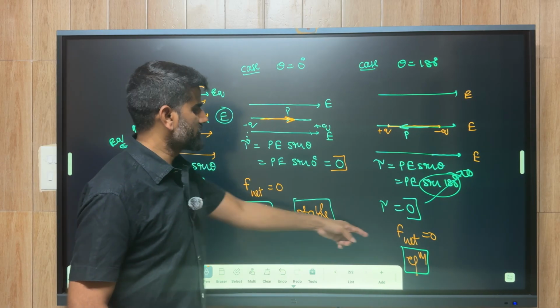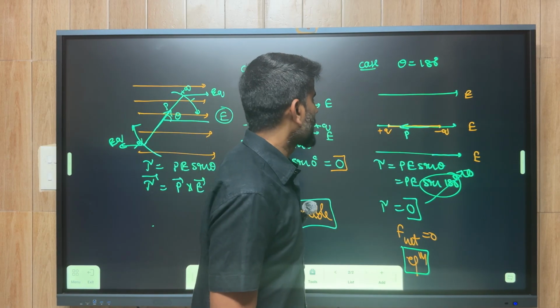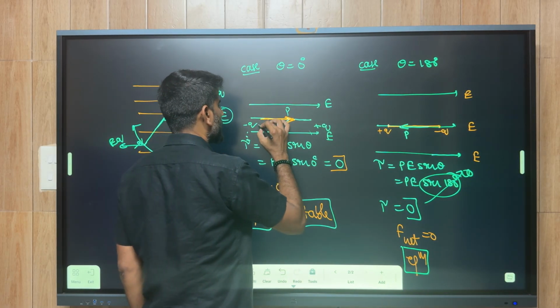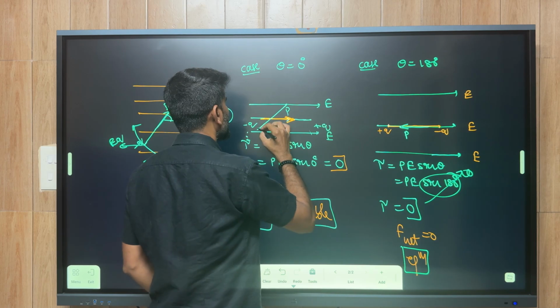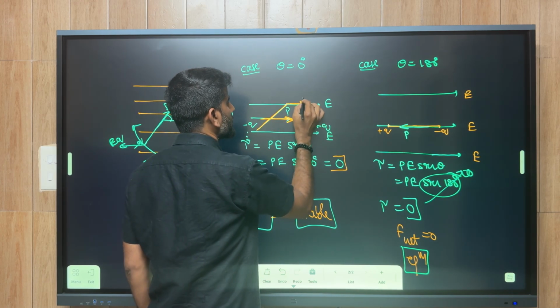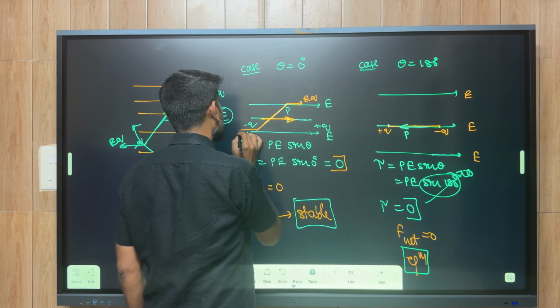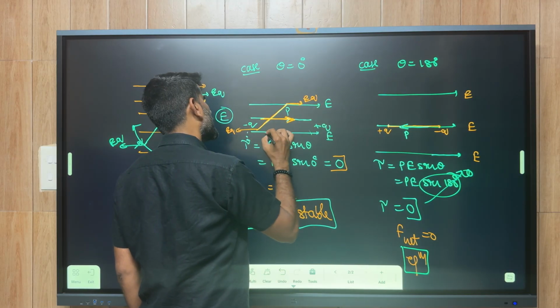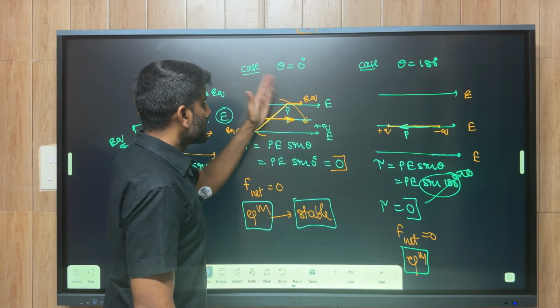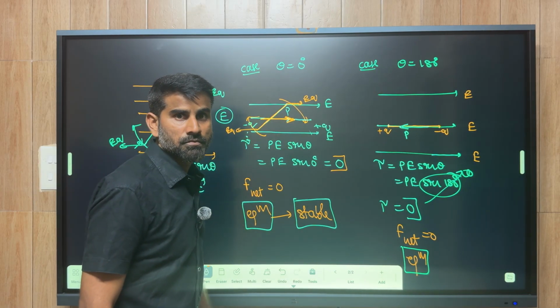It is stable. Now let us look at this case. Let me draw this diagram. I've drawn the dipole here, and this force EQ is acting. Now again these two forces will rotate the dipole in the clockwise direction only.